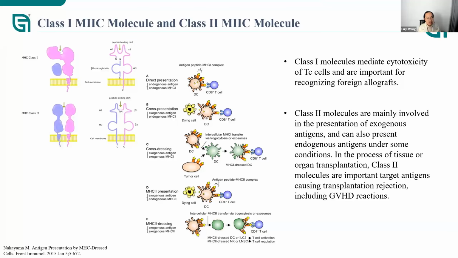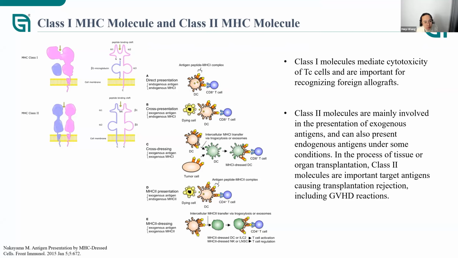As we know, the occurrence of GVHD is because of the class 1 MHC molecule and class 2 MHC molecule presenting the antigen to CD8 and CD4 T cells.